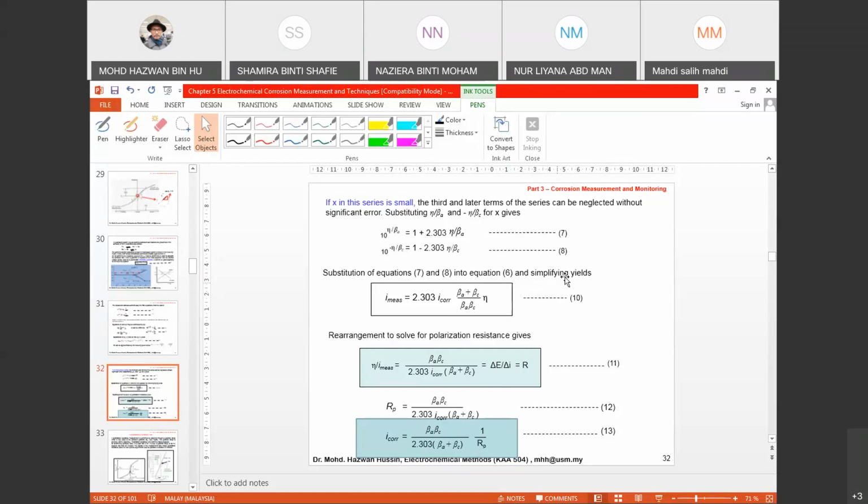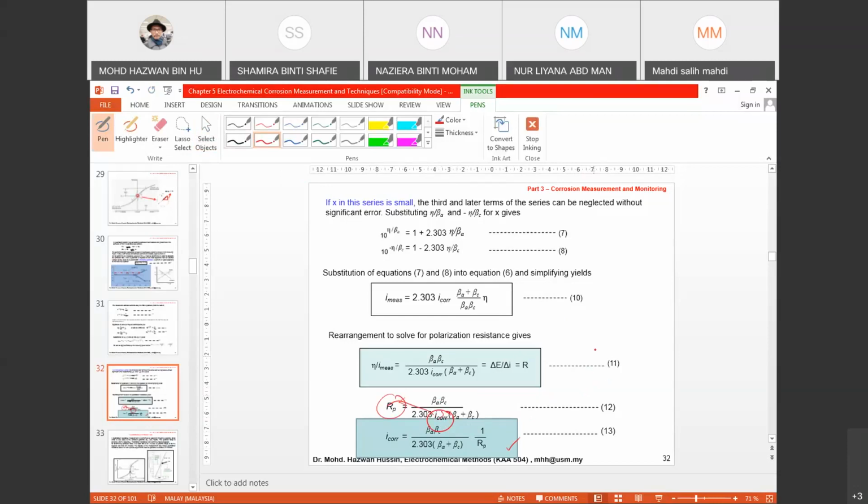You can substitute these together, and then you will get another formula: RP equals beta A multiplied by beta C over 2.303 multiplied by I corr multiplied by beta A plus beta C. So if you want to calculate I corr, you just substitute the values, and then you will get this formula.